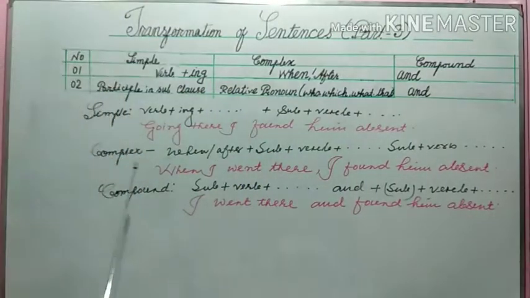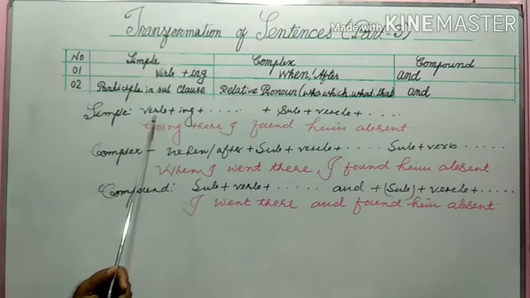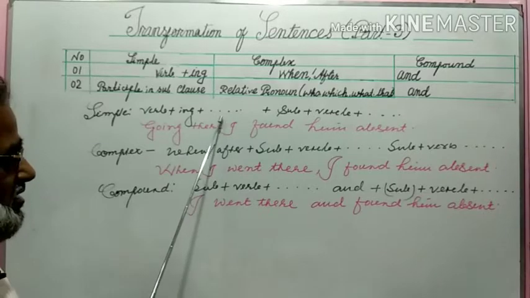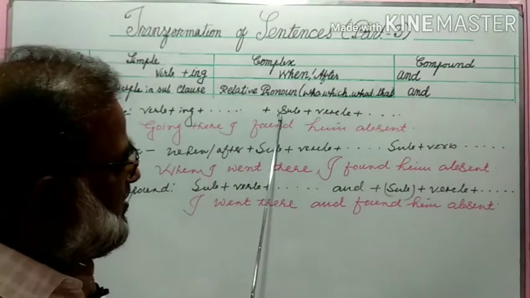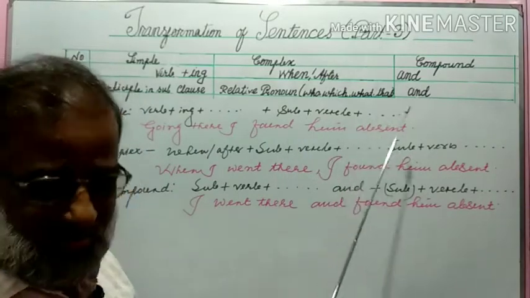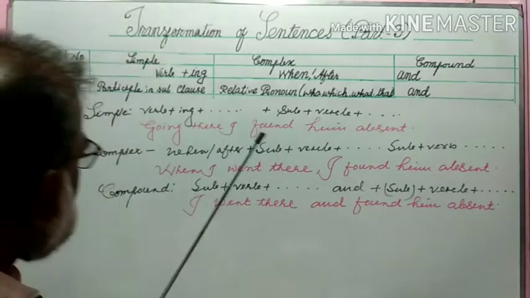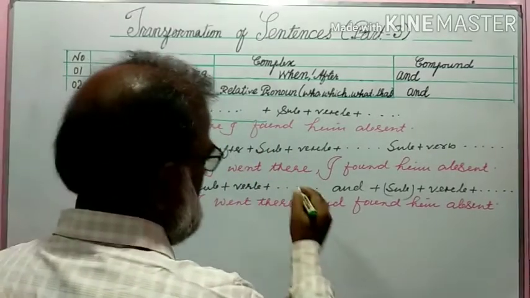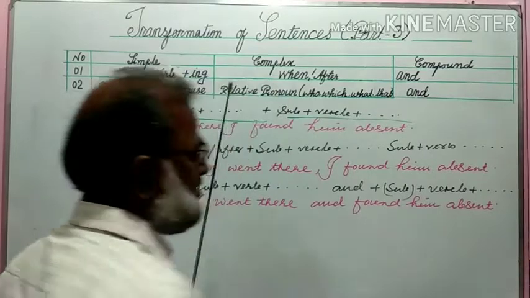See the sentence. Structures. Simple: verb plus ing and then extension, then principal clause, subject plus verb and then extension. This is simple. This is subordinate clause in complex sentence, and this is principal clause.